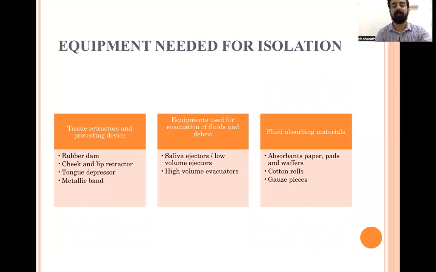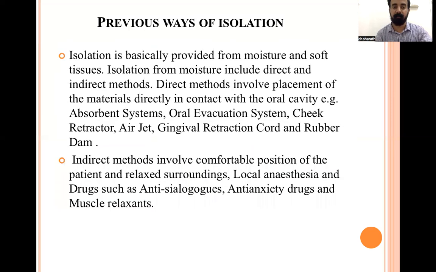So, what are the equipments needed for isolation? Under tissue retractors and protective devices, we have the rubber dam, cheek and lip retractor, tongue depressor, and metallic bands. Saliva ejectors and high volume ejector evacuators are categorized under the equipment that is used for evacuating fluids from the oral cavity, whereas absorbent paper pads, wafers, cotton rolls, and gauze pieces are categorized under fluid absorbing materials.